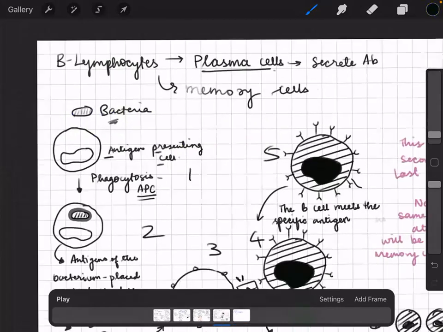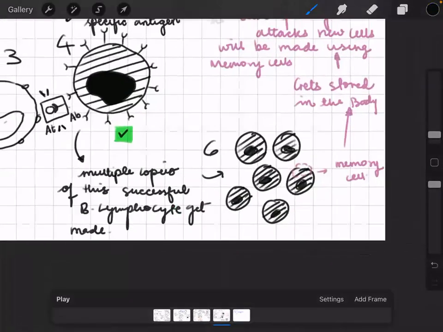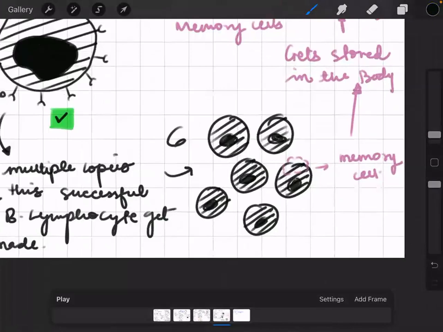So here too, when we said that you are going to make more cells, okay, there is still going to be a bit of structural difference in all of these cells. They are going to have a similar kind of receptors on them, but the number of those receptors might vary, or you know, sometimes you may see that some of those receptors are not very specific to this particular kind of pathogen.